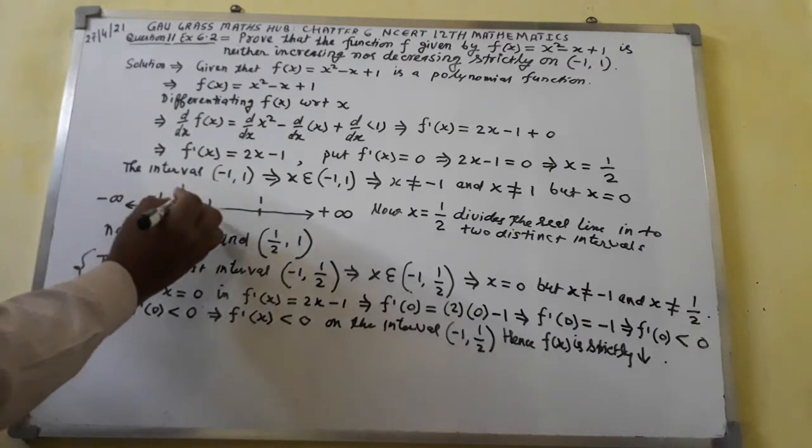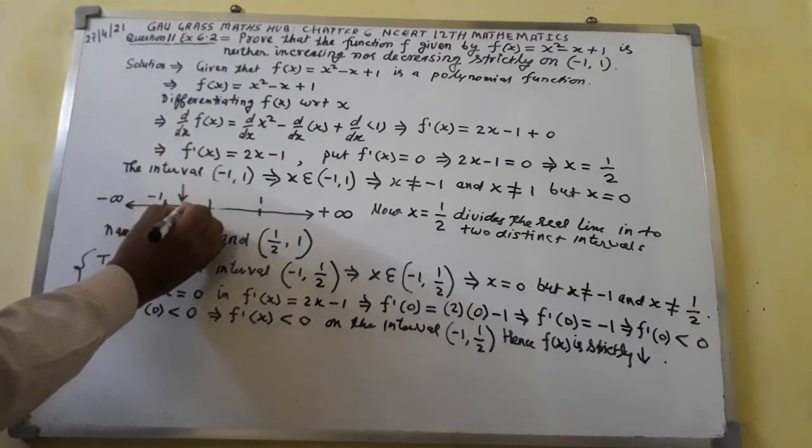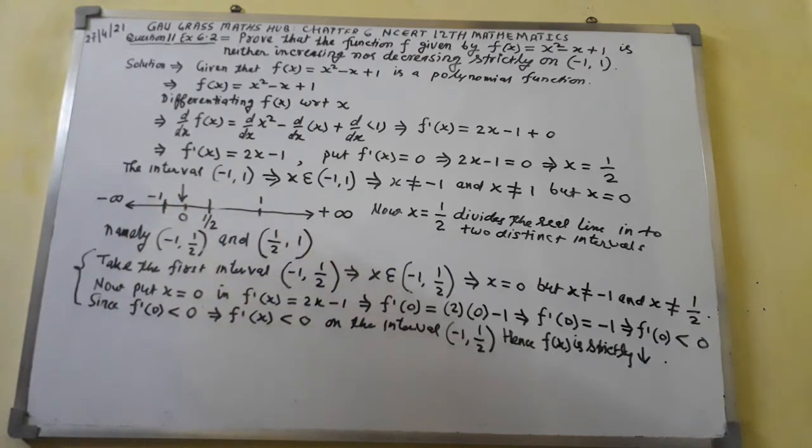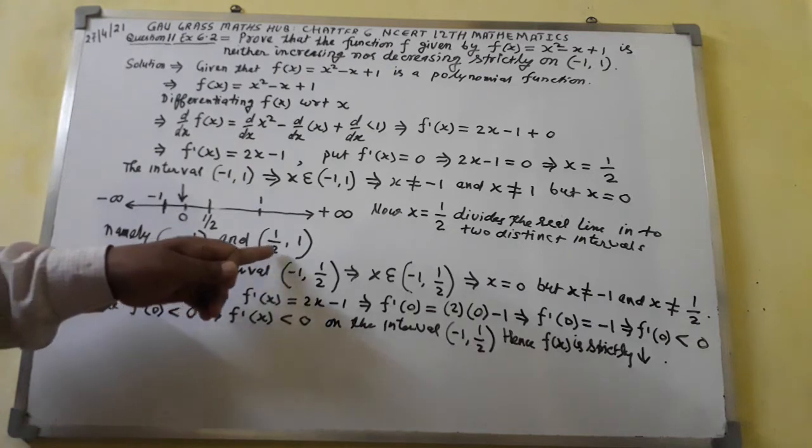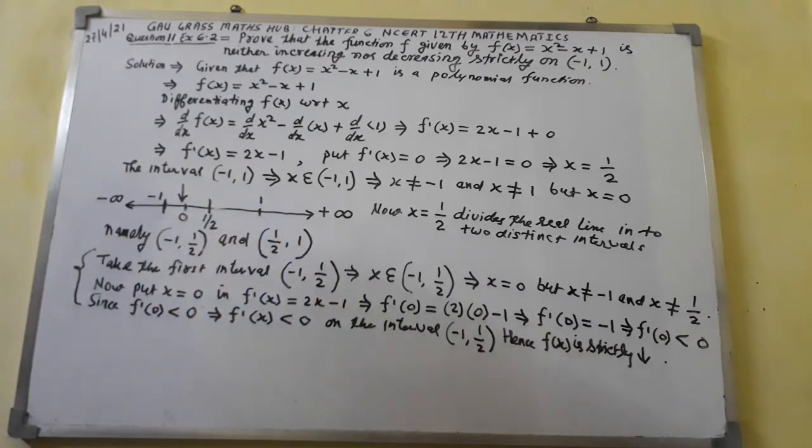In between lies here 0. And the interval 1 over 2 comma 1. So we have to locate the point between 1 over 2 and 1.